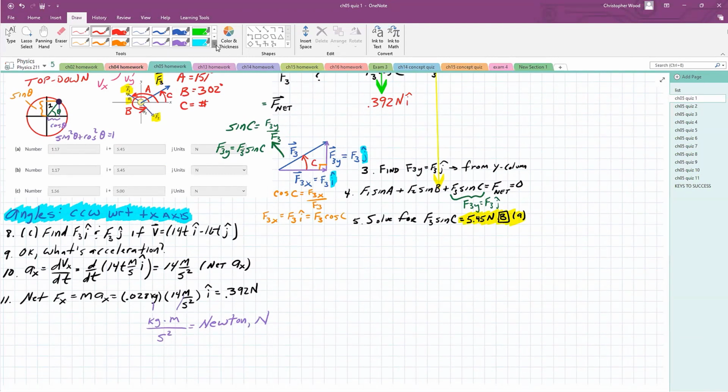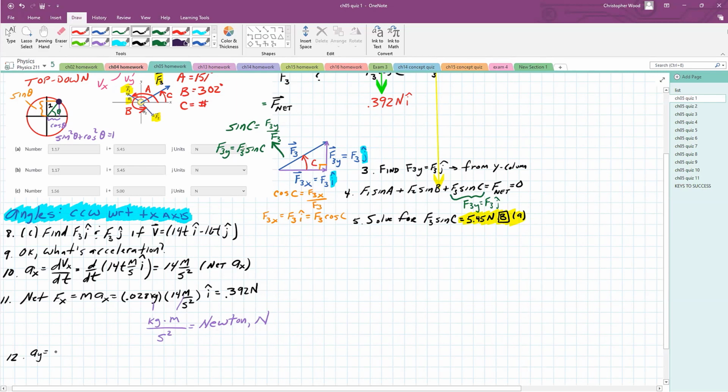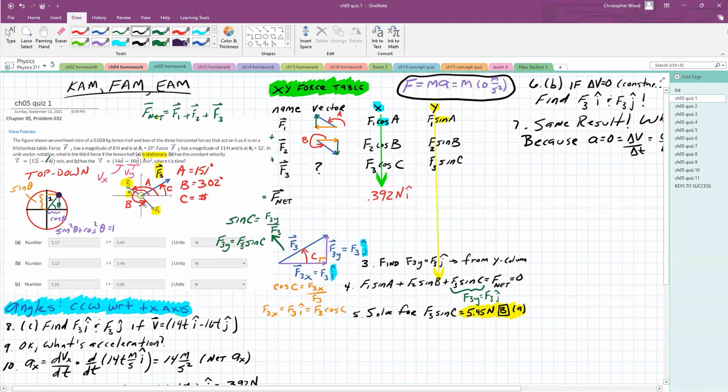I'm going to do the exact same approach to find A sub Y and then F sub Y. So ready? Here goes. A sub Y equals the time derivative of the Y velocity. I need to take the time derivative of my Y velocity, which was given right here: negative 16 t I hat.